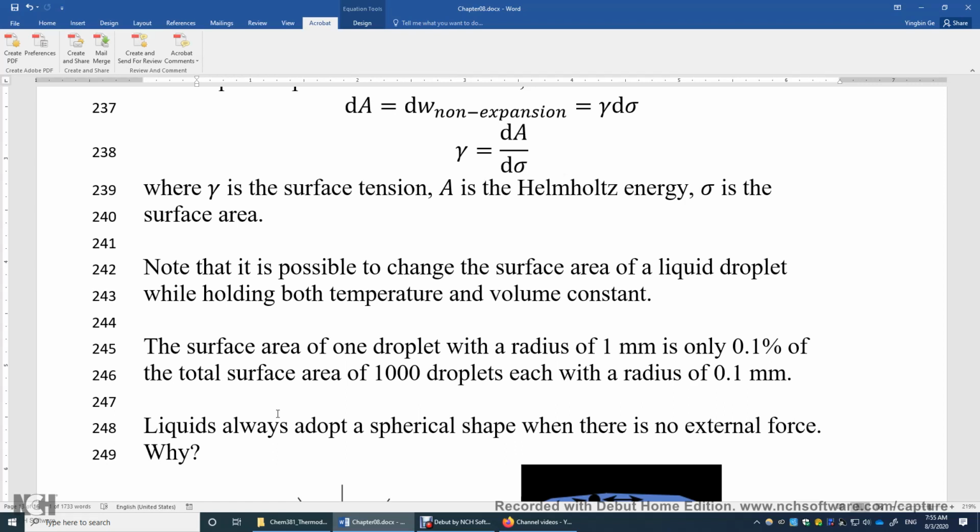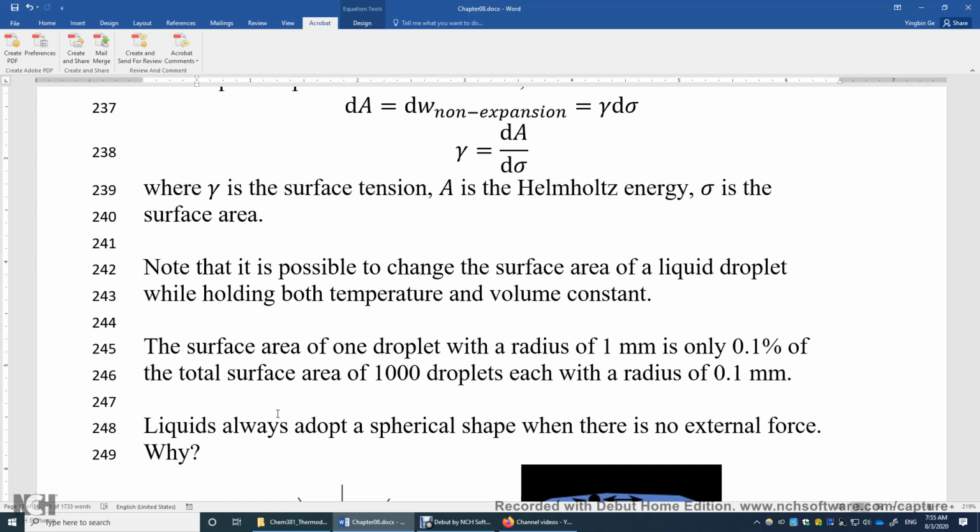How much smaller? Actually, if you divide 1 drop into 1,000 drops, the radius is going to be only 1/10 of the initial radius. Therefore, the surface area of the smaller droplet is only 1% of the larger liquid droplet.